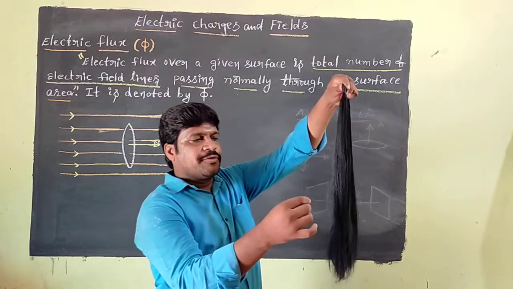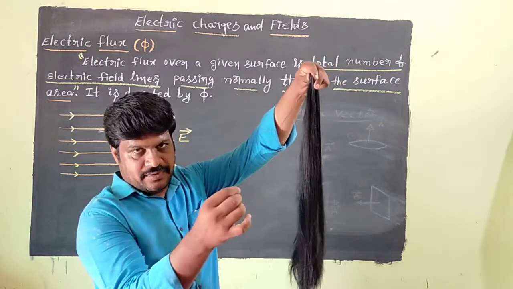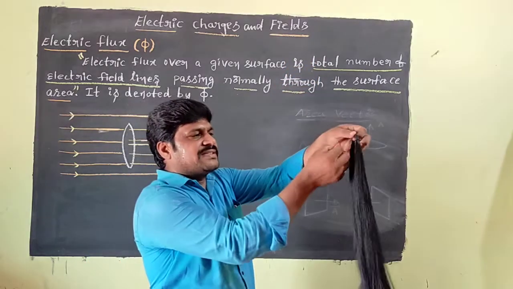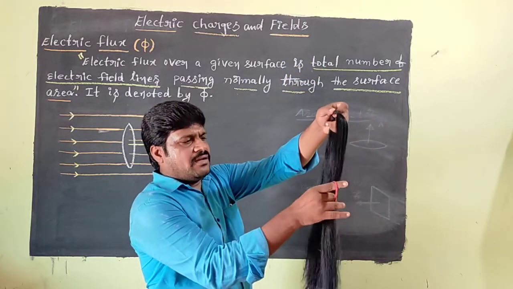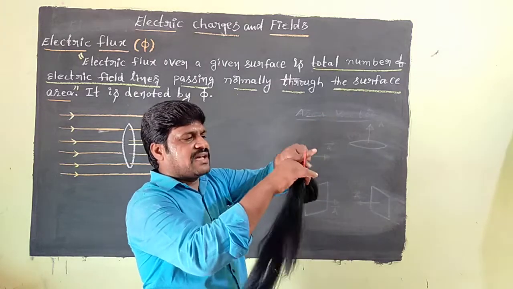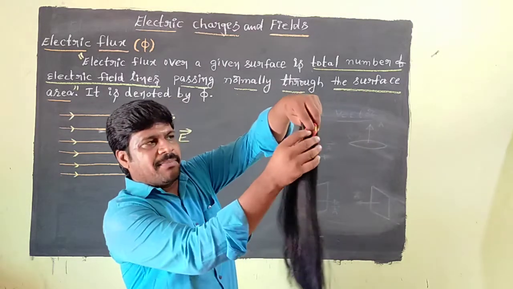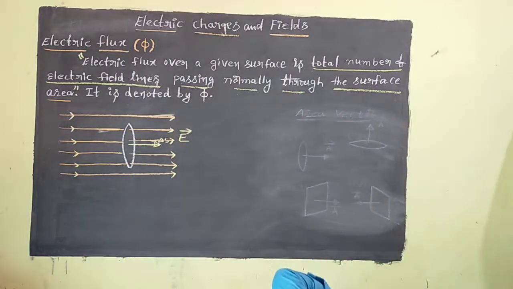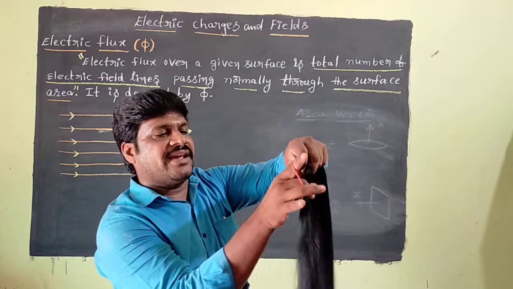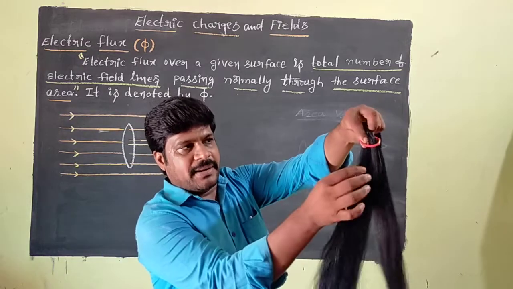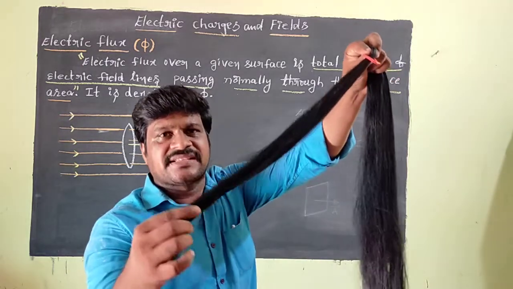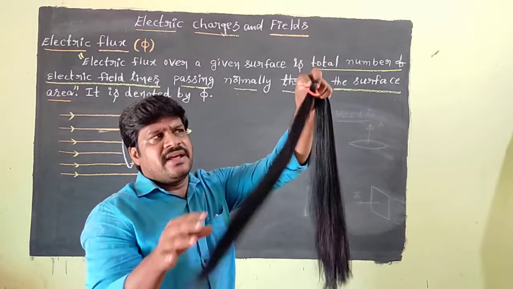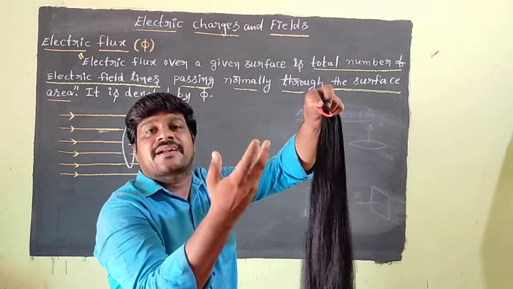Every hair, if you just consider as one electric field line, in this case see how many hairs are passing through this rubber band. These total hairs are considered as hair flux, just as electric field lines means electric flux.